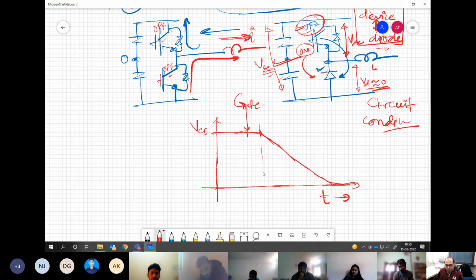What will happen to the current? It will rise from 0 to 500. It will rise, there is no doubt. But how? Sir, depending on the load. We have set the load.